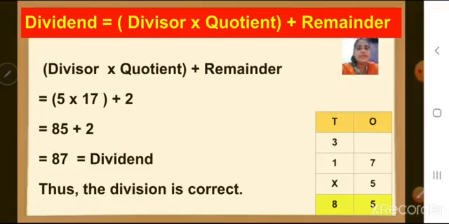The next step is to substitute. Okay. So it will be 5 into 17 plus 2. Right. So first we are going to solve what is inside the bracket. 5 into 17. See children here. 5 into 17 or 17 into 5 is equal to 85.